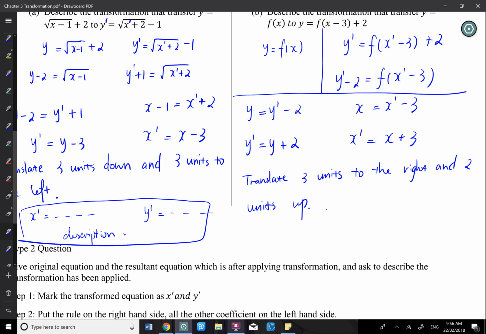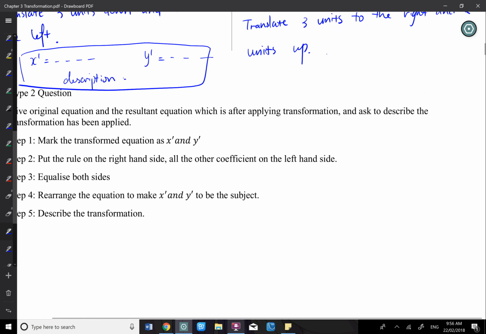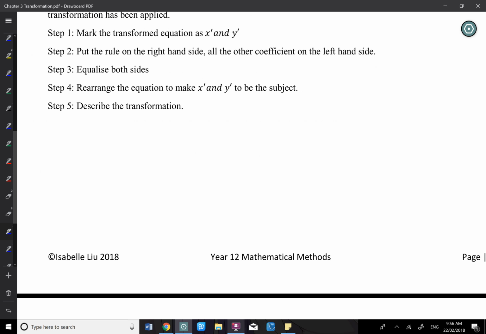There's a third one. Let's give you the resultant, give you the description, ask for the original. That's actually an easy way to do it. If you can find some space below here, I will just write this out for you.